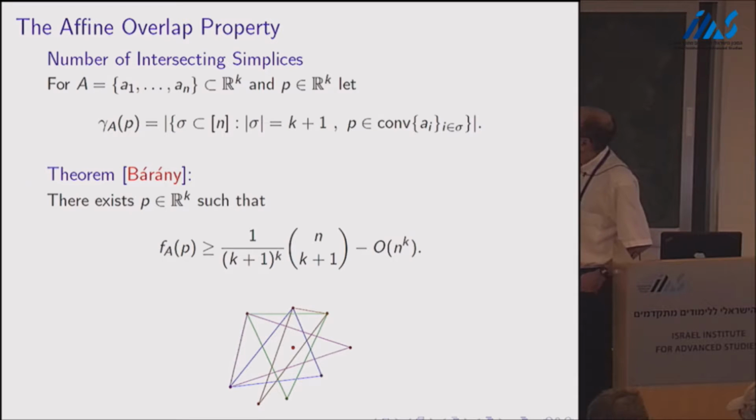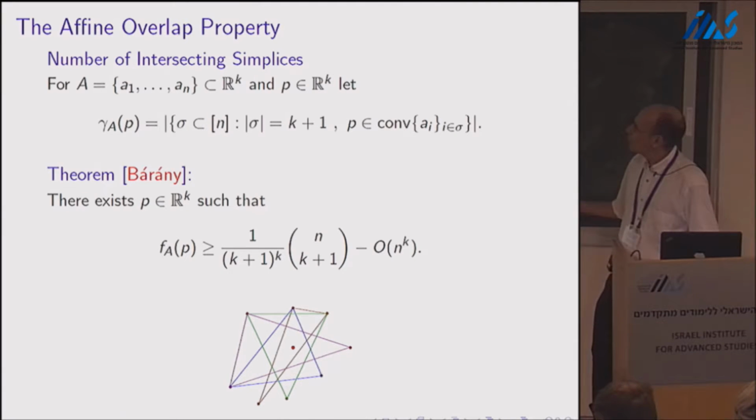So gamma_A(p) will be the number of k+1 subsets in n, such that p belongs to the convex hull of the a_i. So we are talking about k-simplices that contain p.